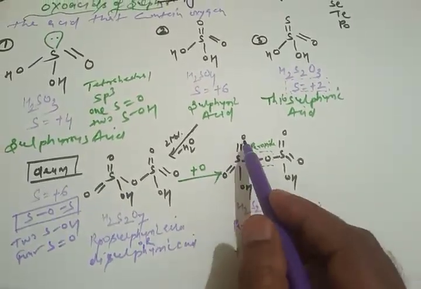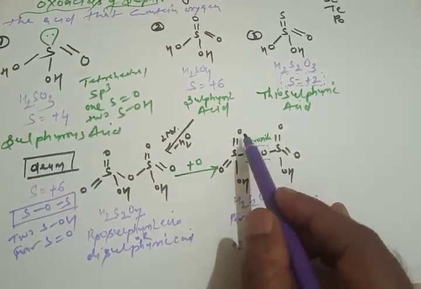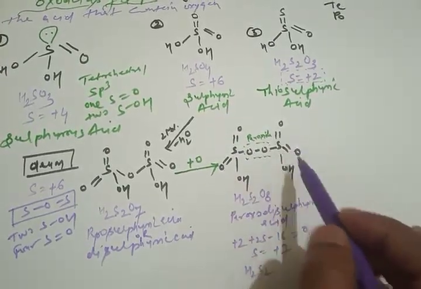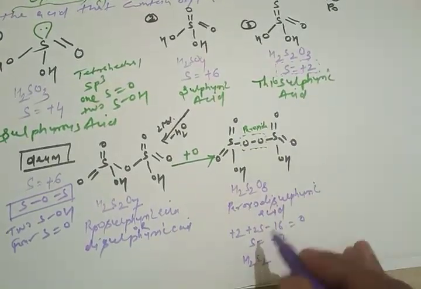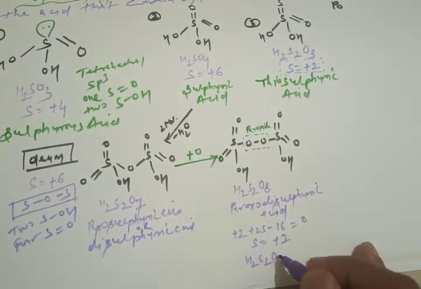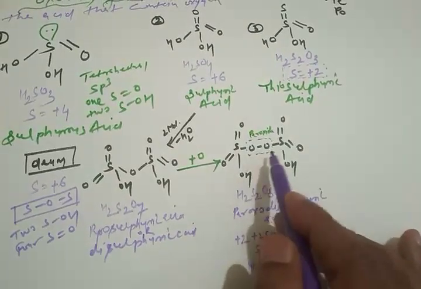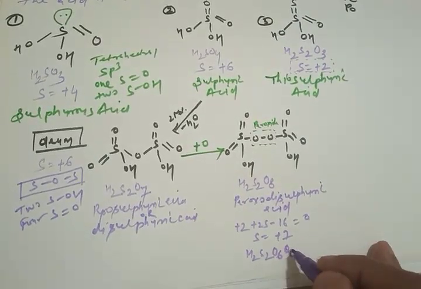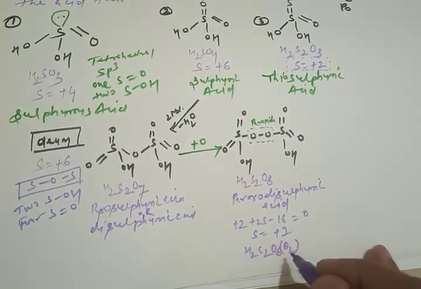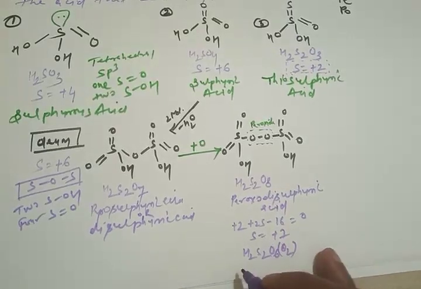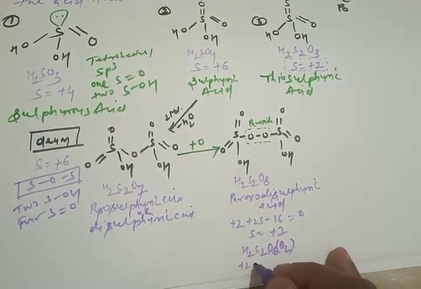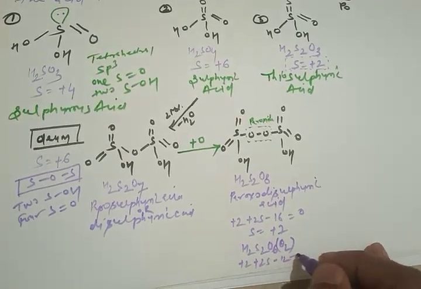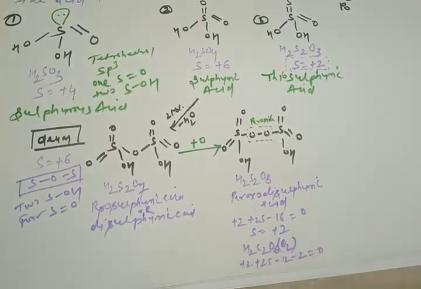H2S2, 1, 2 and 3. These three oxygens are bonded directly to sulfur, so H2S2O6, and these 2 are in peroxide form, so additional 2 are required. So +2, then +2S, this will be 12, and this will be -2, equals 0.